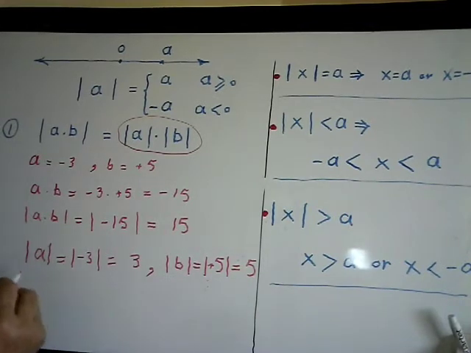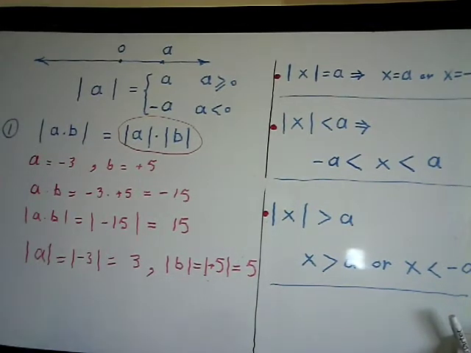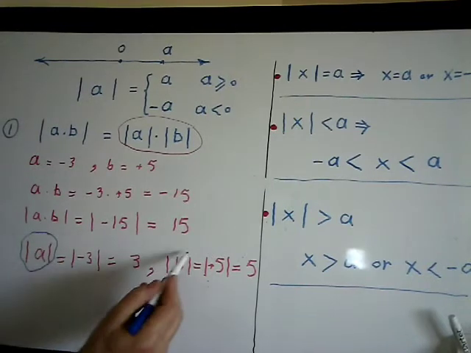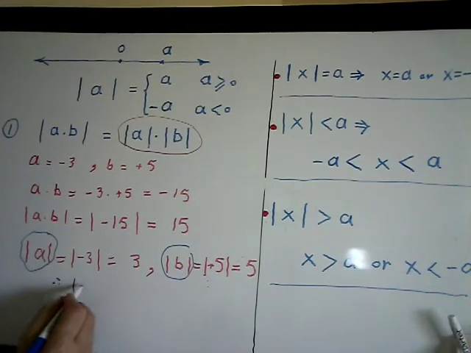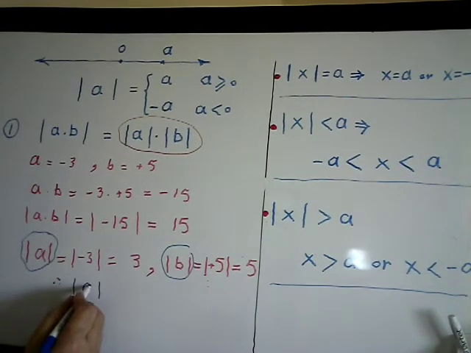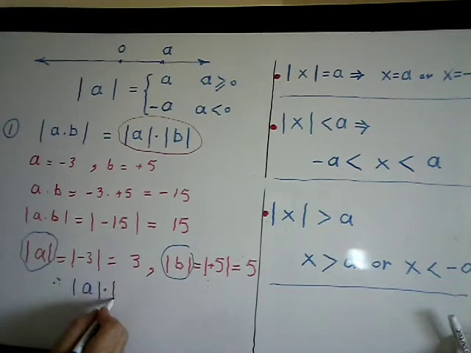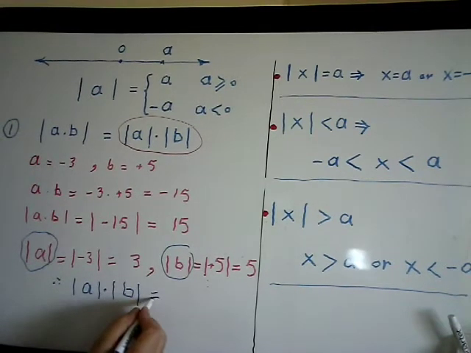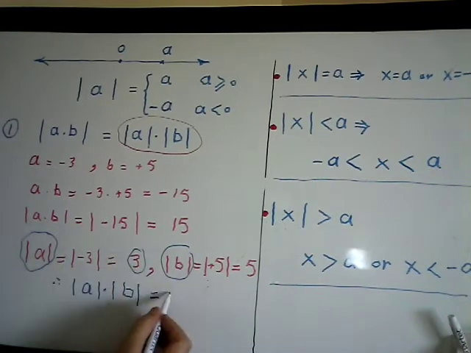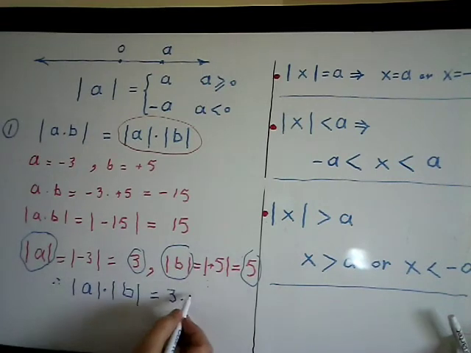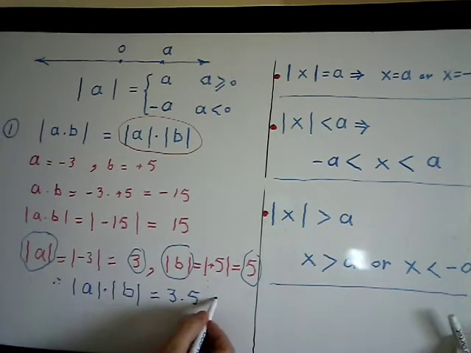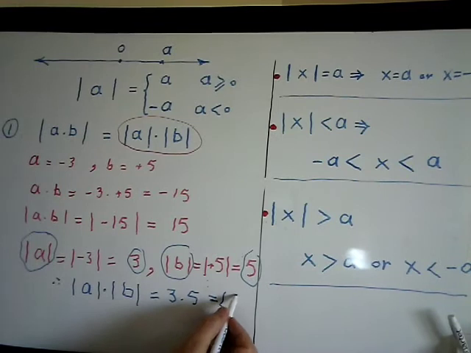So when we multiply together the absolute value of A and the absolute value of B, we get 3 times 5, which means 15.